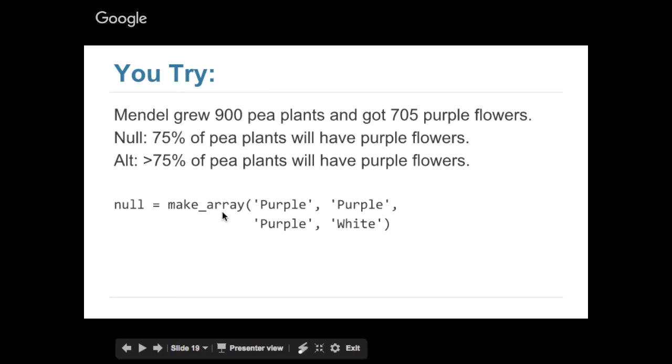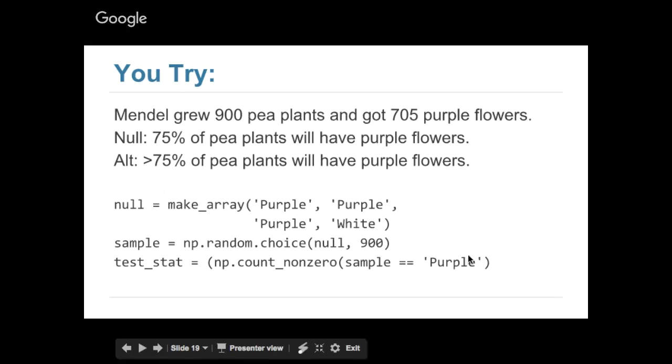So here is 3 purples in an array and a white, which means that if I do np.random.choice from that array, I'm going to get purple 75% of the time. I'm going to take a sample of size 900 from that array. So this is my sample. This is me pretending to be Mendel, and I have 900 more pea plants. Now I look at the proportion of pea plants that were purple, so count up how many of those are purple divided by how long my sample is.